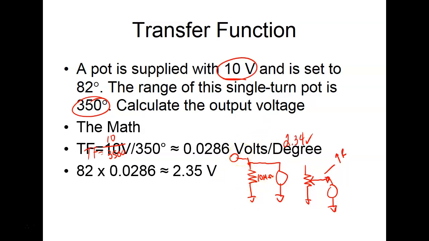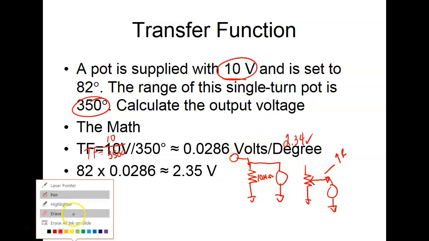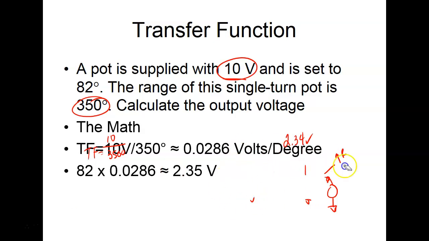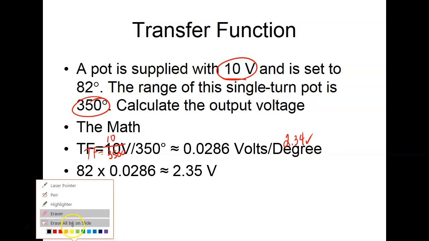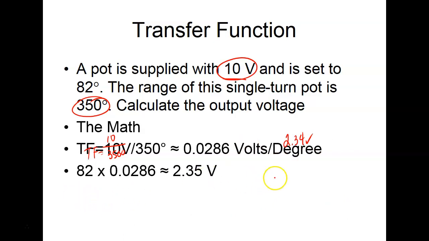Let's do this a little differently. Let's do a voltage divider. Let's say this is 10 mega ohms, and this is 10 mega ohms, and I put 10 volts on there.